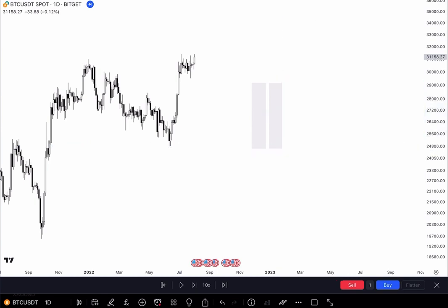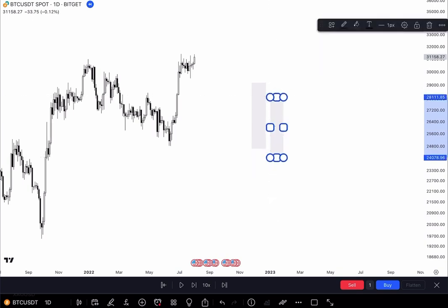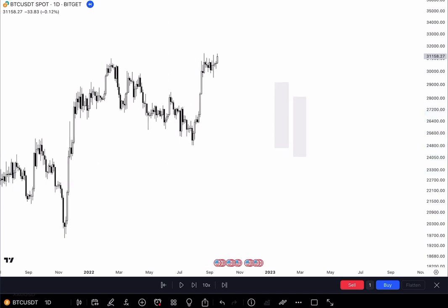In fact, you can use this dissection of any higher time frame candle as a 3 candle process. So you don't need any more than 3 candles to trade, right? You can trade this candle.